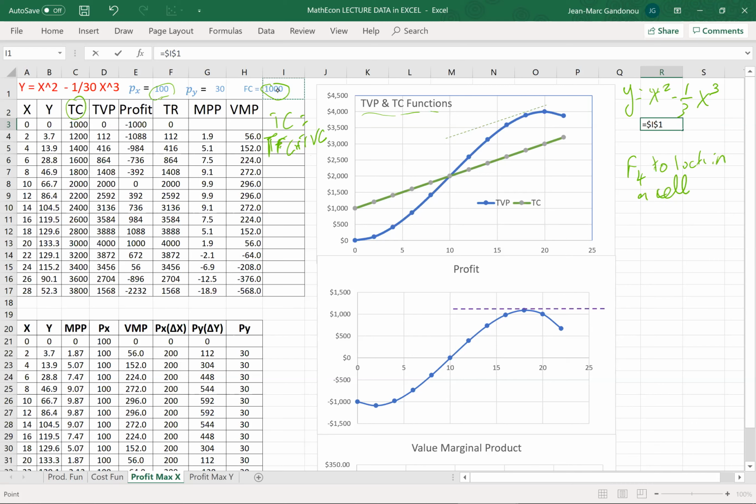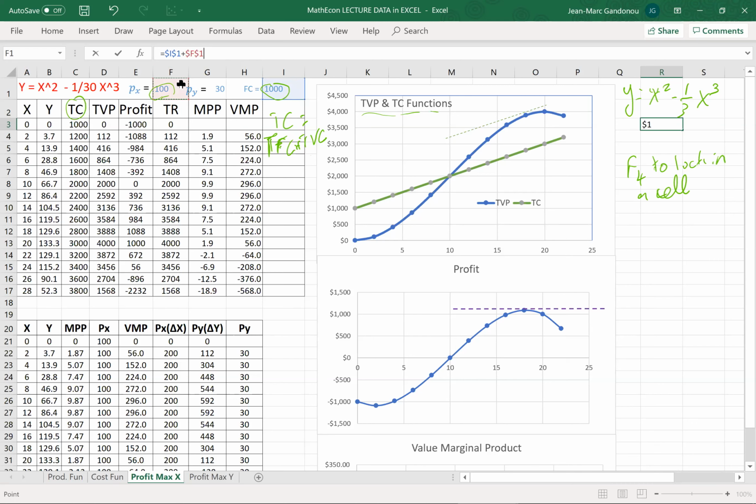That is my total fixed cost plus my total variable cost, which is the input price times the quantity used. The input price is 100, in my cell F1.